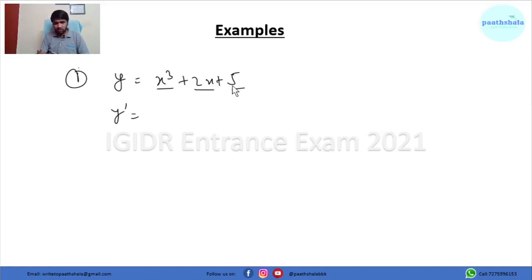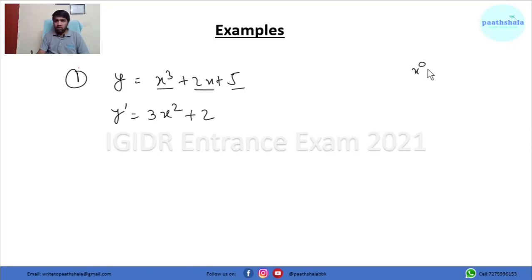This one is a constant. So in the differentiation of x cube, 3 will come ahead, and from the power 1 will be subtracted. So this will become 3x square. This will become 2x, because here x to the power 1, the 1 will come in front, and 1 minus 1 is 0.